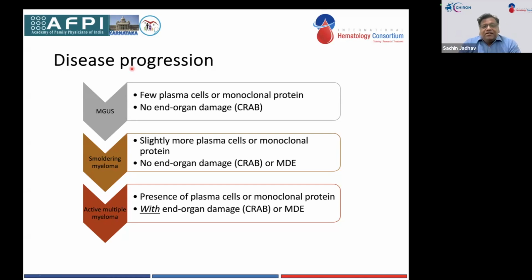Remember, in medicine, we are not treating the number. Even if you have some increased monoclonal plasma cells, even if you have some M band, you have to be sure that it is not MGUS. If it is not fitting the criteria of active myeloma, we don't treat, because sometimes treatment may be worse than the disease, right?